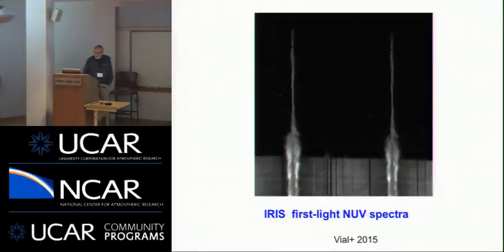So first light spectra of IRIS also contained a spectrum of such a prominence in magnesium lines.